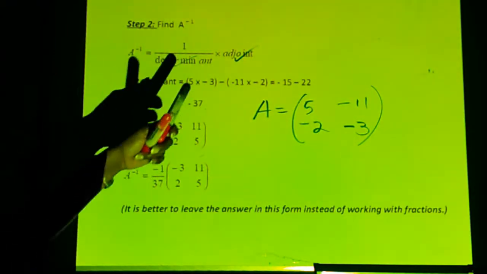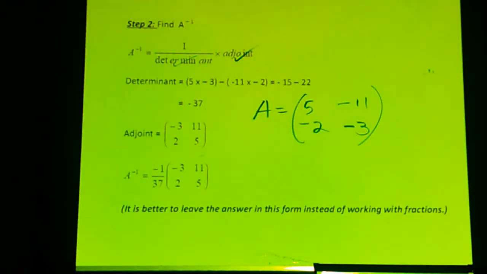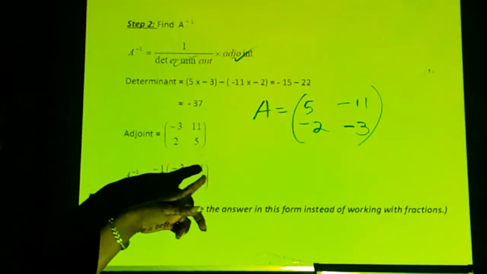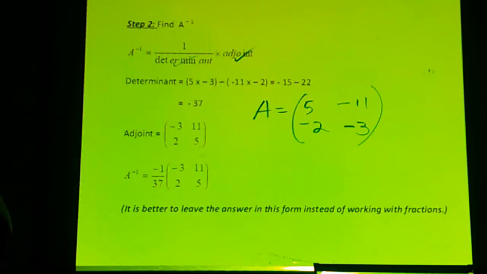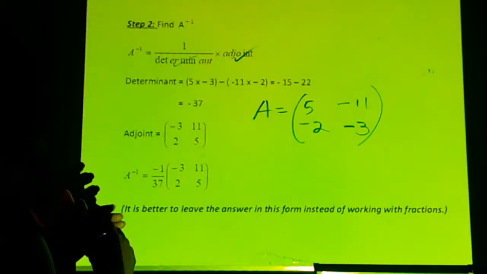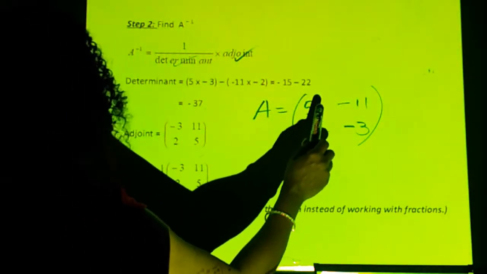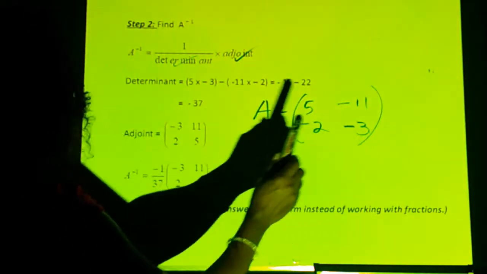Because all my answers are here already, you know. I worked them out long before, so I'm now explaining. And when I see something funny going on, I have to go back and check. That's what maths is all about. We make errors and we have to go back and check. Okay? Alright, so we have the matrix A was given to be 5, negative 2, negative 11, negative 3.